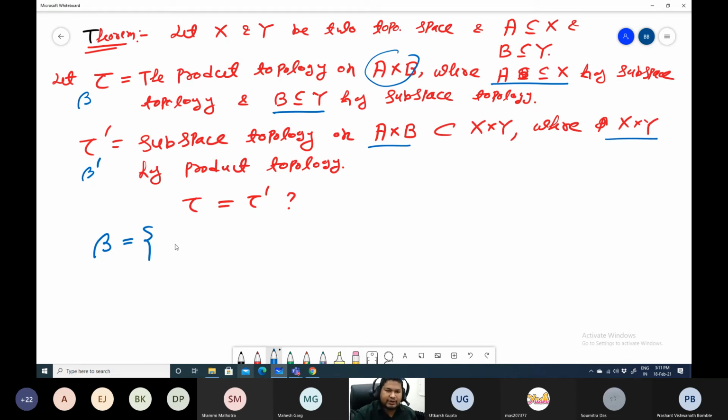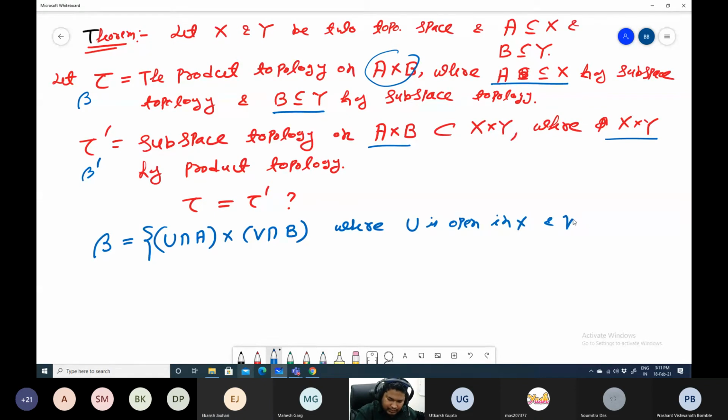So what will be the open sets? U intersection A cross V intersection B, where U is open in X and V is open in Y.